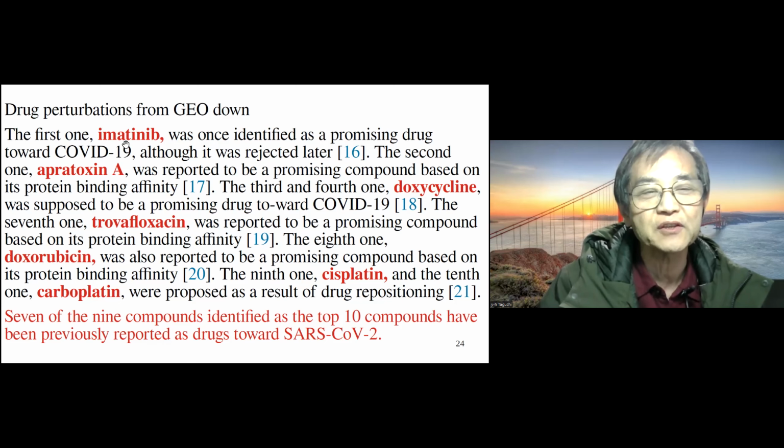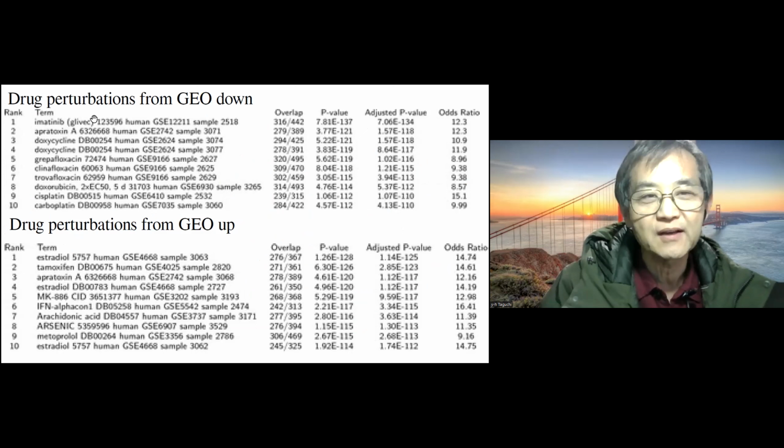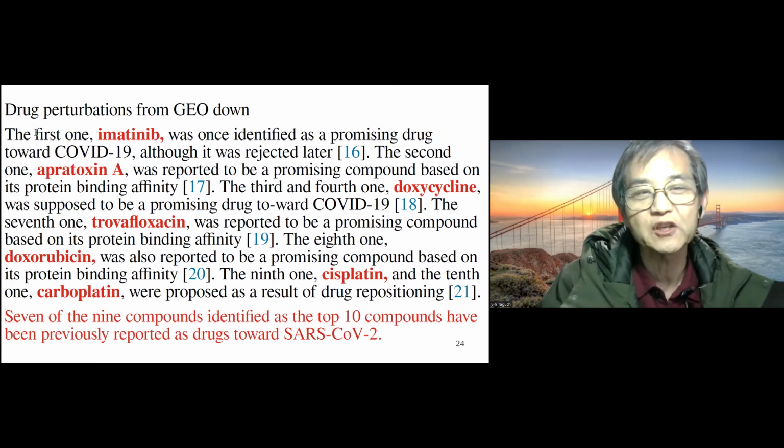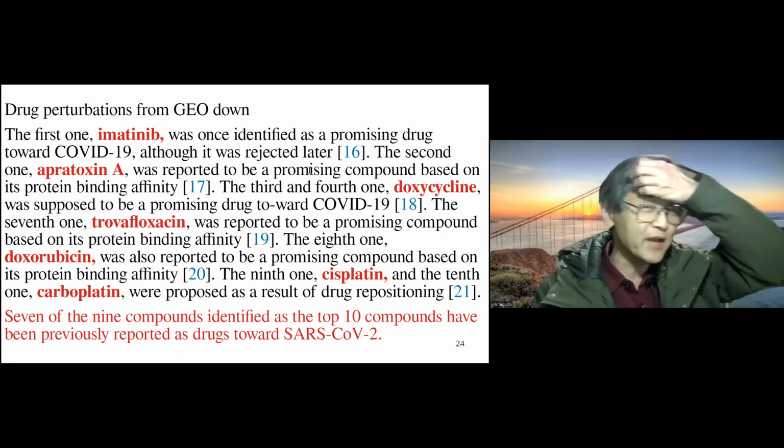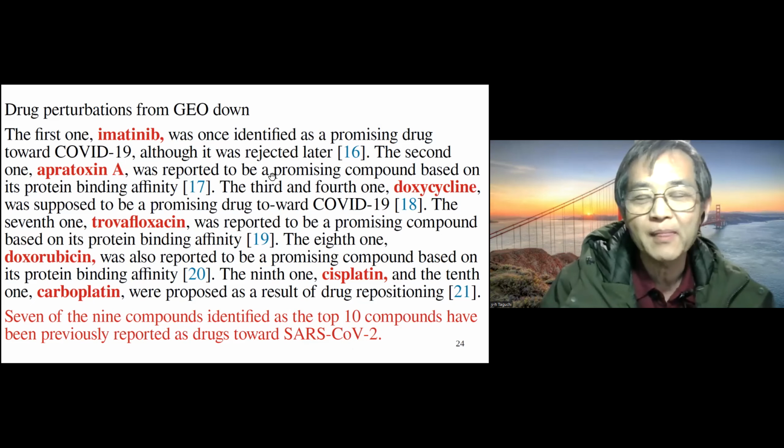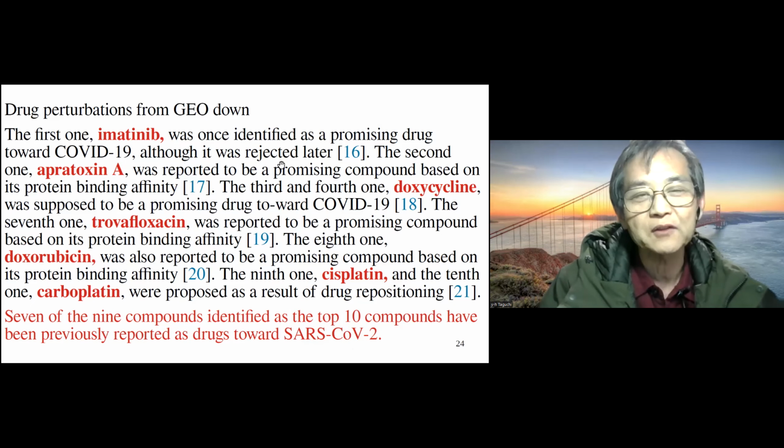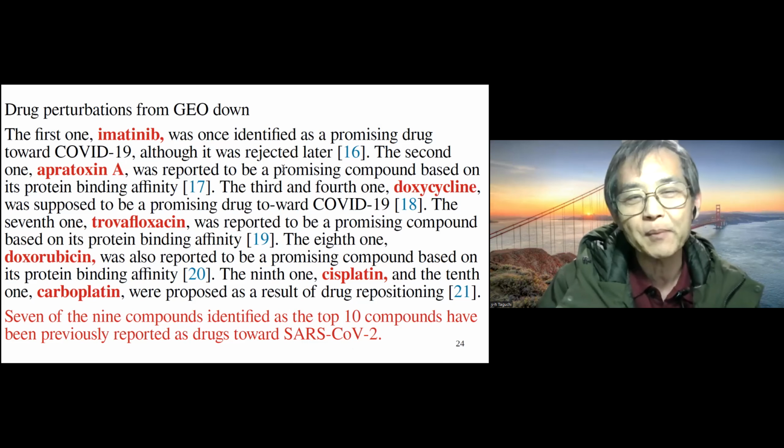But as you can see, for example, this one, the top drug predicted by our method, has already been tested for COVID-19 some time ago. I have no time to explain the drugs one by one, but we have found at least one paper which reports these drugs once tested for COVID-19. And this is a database.